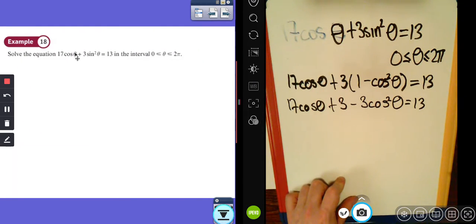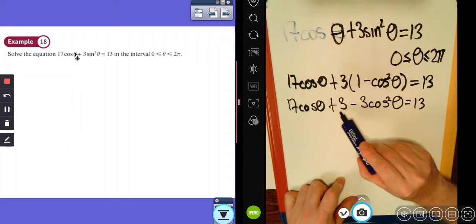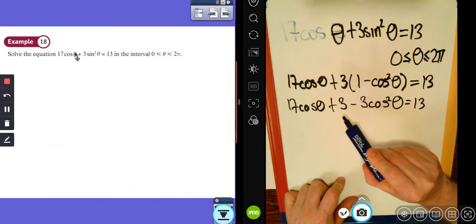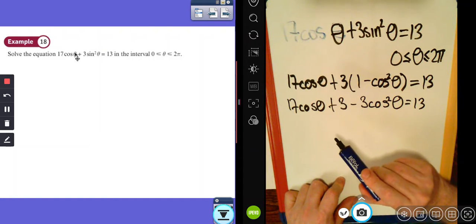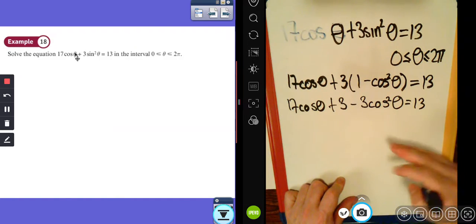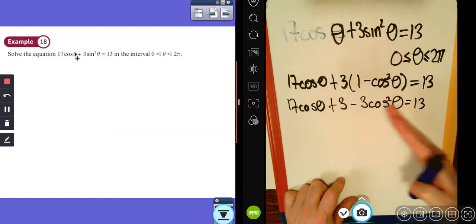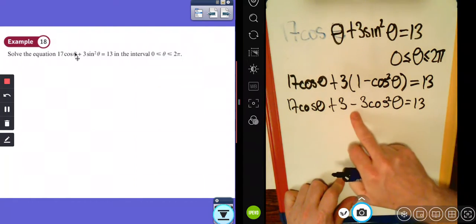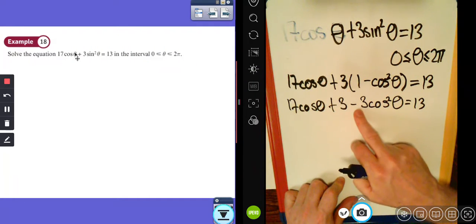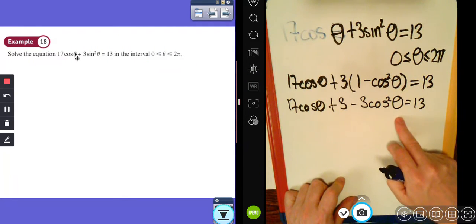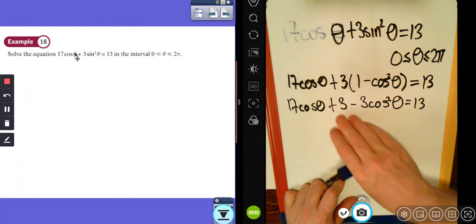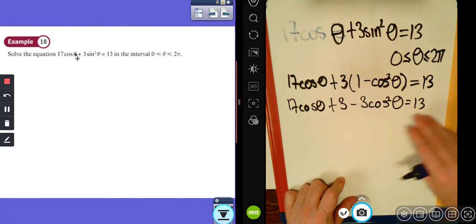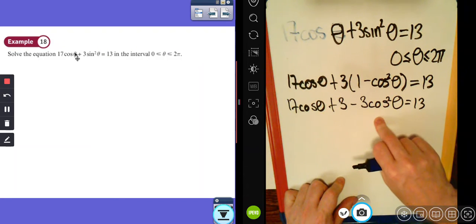We can now do some tidying up. You can see that we've got 13 here and 3 here. So I'm going to move everything onto this side. Why am I doing it this way around? It's because I've got a negative 3 cos squared theta, and I'd rather have it as a positive. So I'm going to move this over to here, this over to here, and this over to here, so we get a lovely 0 on this side.